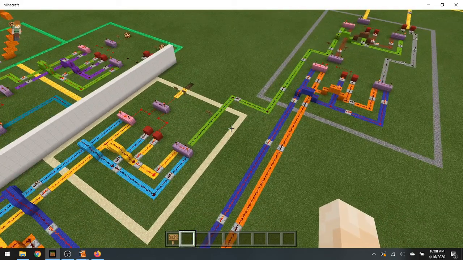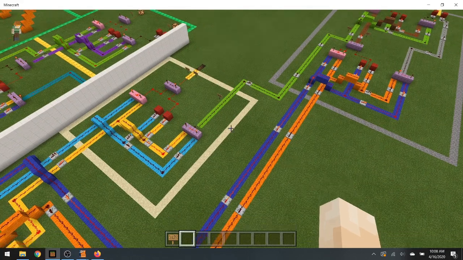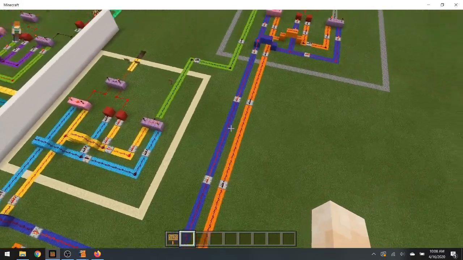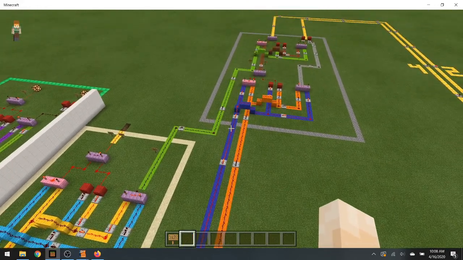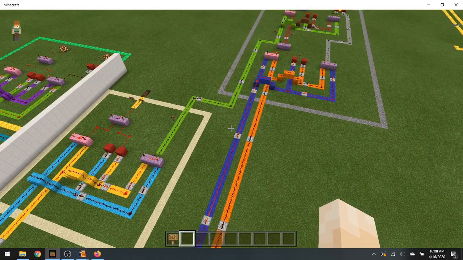If you wanted to, you could make everything much more compressed. That does lead to being a little bit more confused. Also, you definitely don't need to have each line being its own color, but having individual colors gives it an easier way to keep track of what's what.